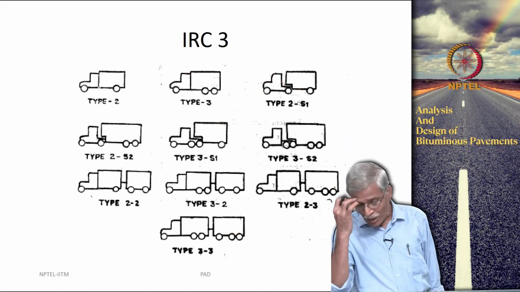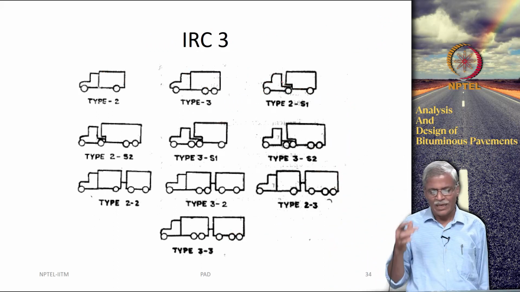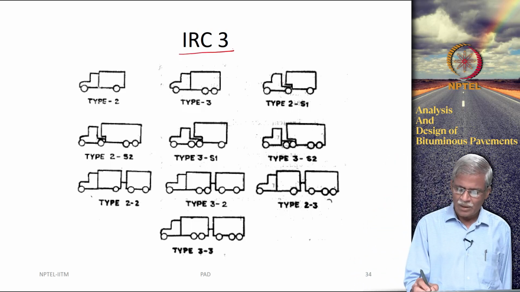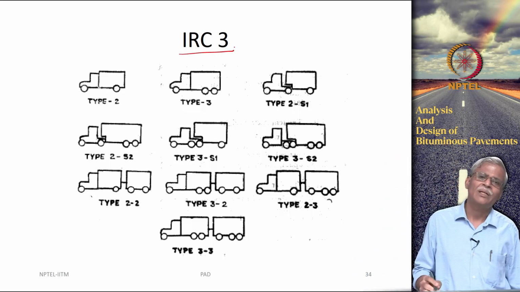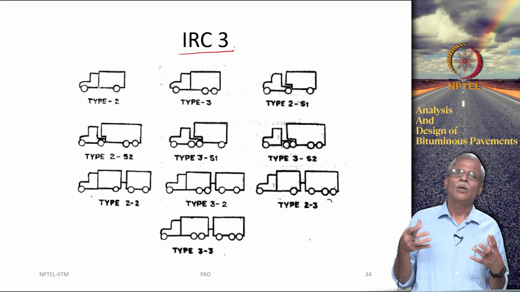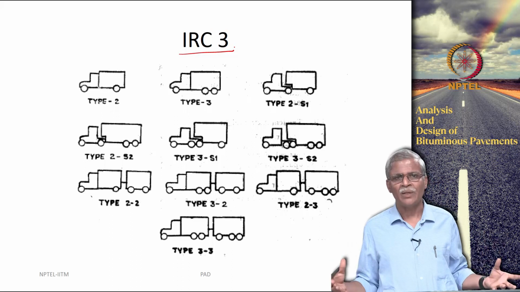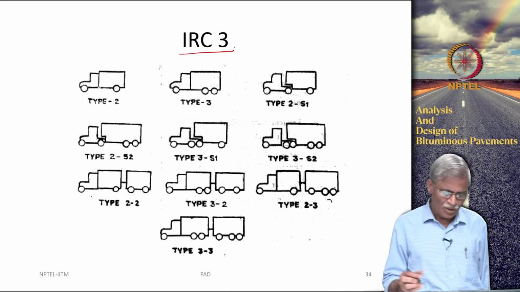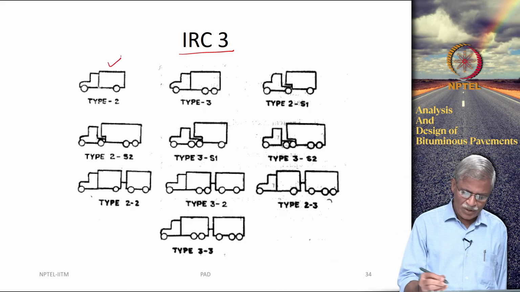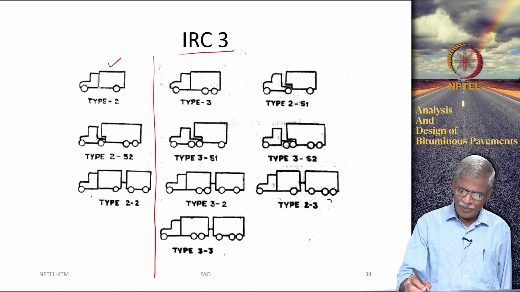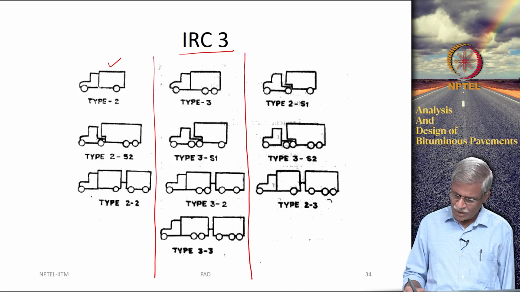Okay. So, now in India we have the IRC 3. This is an Indian Roads Congress document that gives you details about the standard dimensions and axle weights of many of these things. There are different types given here. There is a type 2 that you will see here, there is a type 3 that you will see here.